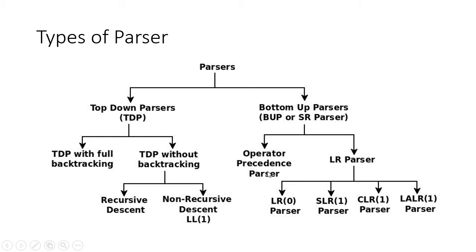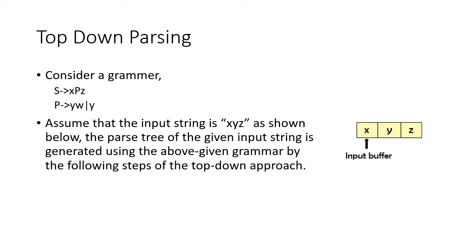Similarly, in the bottom up, there is operator precedence, and the LR parser is divided into the LR0 or SLR parser, the CLR parser, and the LALR parser. So let us go about with the top down parsing.